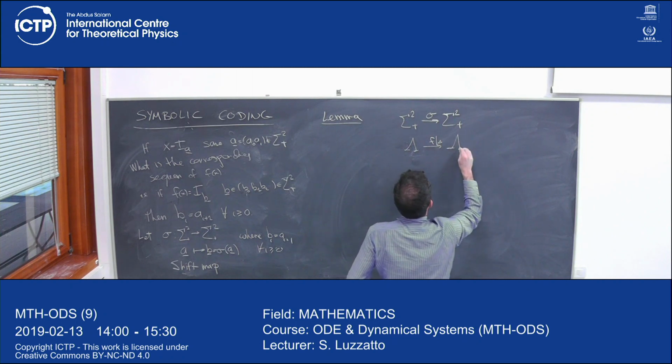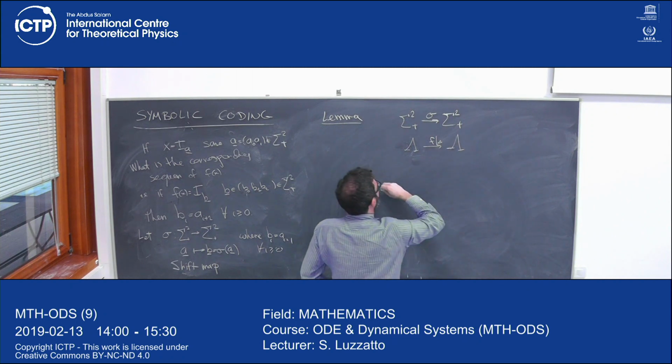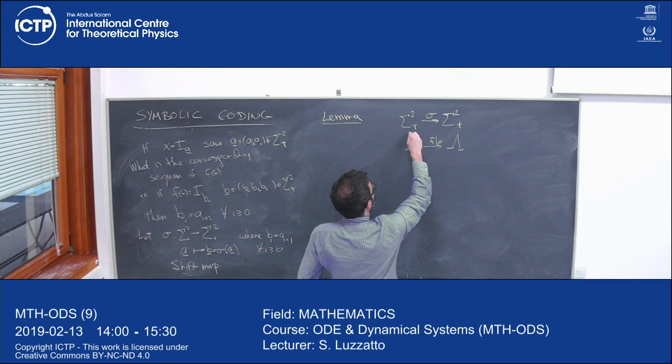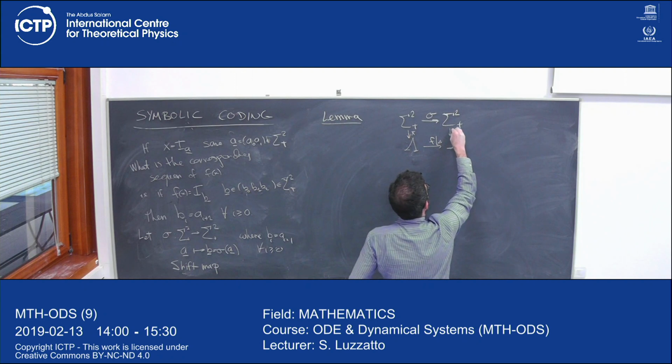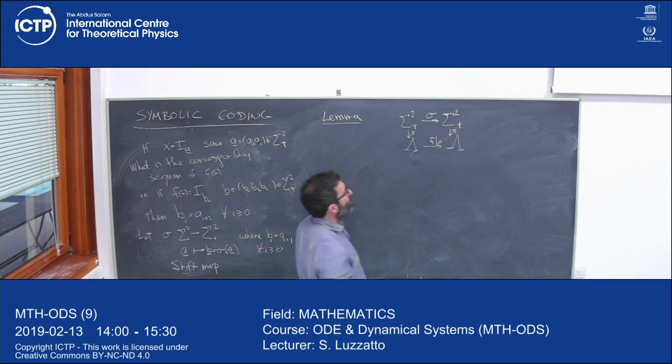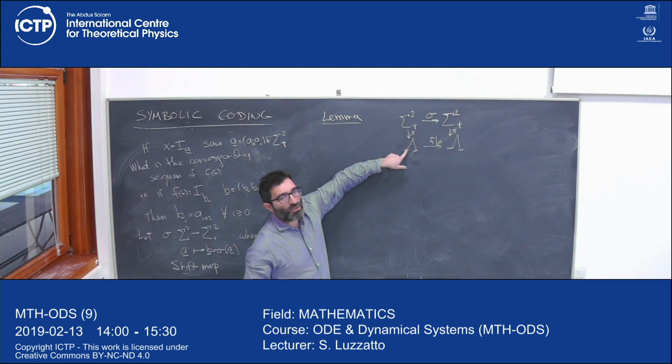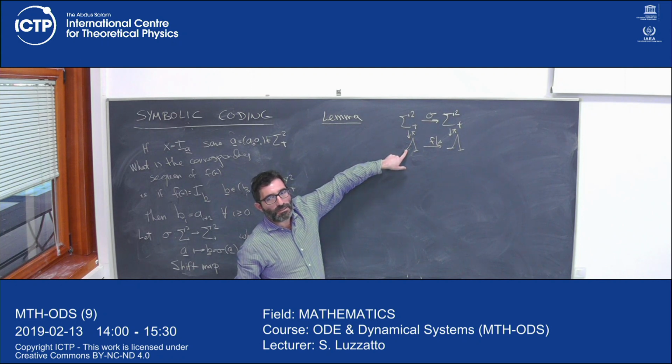And then for each sequence we have the map pi that maps to each sequence the corresponding point.